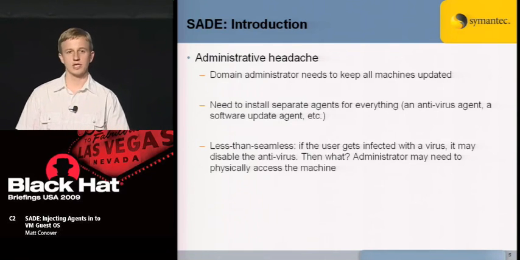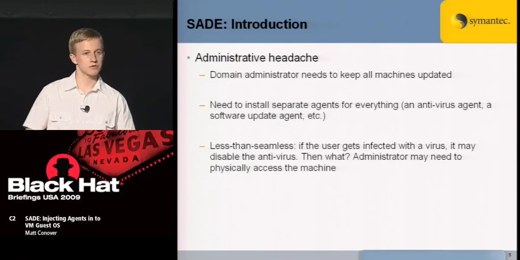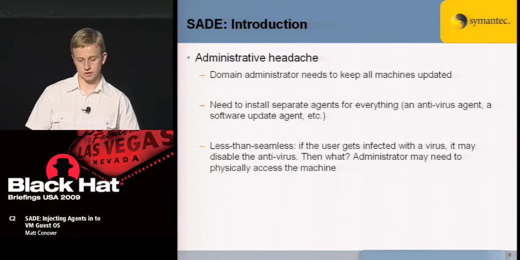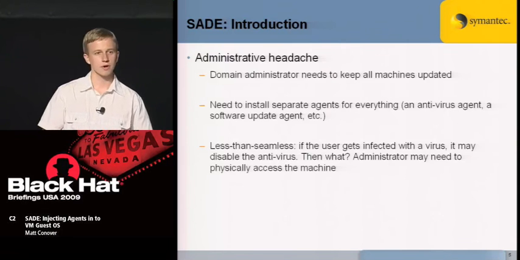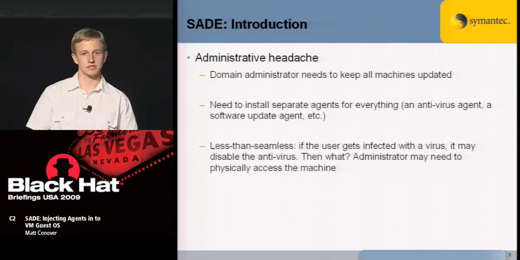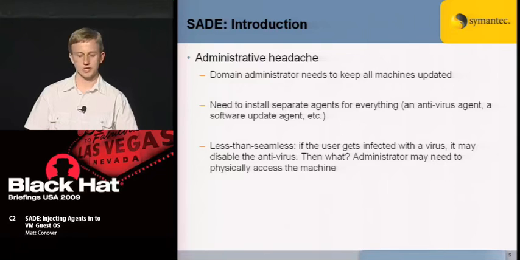For example, if some machine has some problem during the installation or during an update, what can you do? You might need to manually go to the machine and see what broke, see what's going wrong. Another problem is that there are so many pieces of software that you need in a typical workstation, like the update, the antivirus, maybe a host IPS. There are a lot of different technologies which are needed.